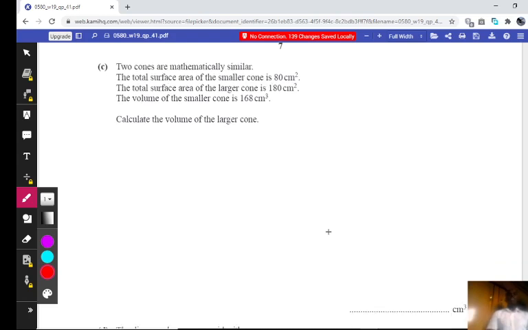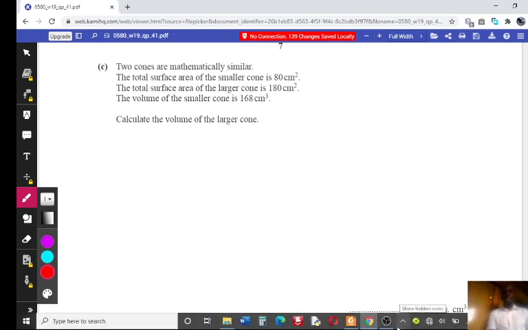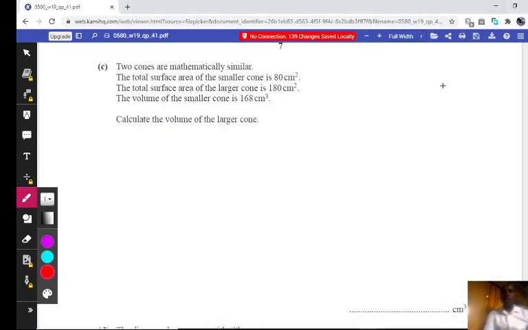Remember, this one is similarity. If two shapes are similar, then the ratio of their corresponding sides is the same. When it comes to area, you square the ratio of the sides, and it must be equal to the ratio of the areas of the shapes.